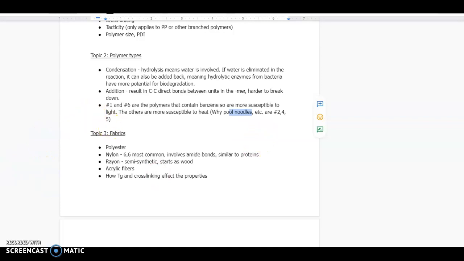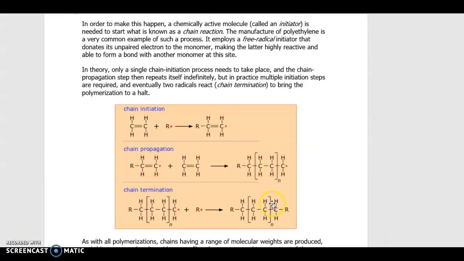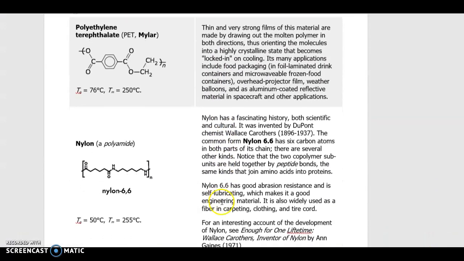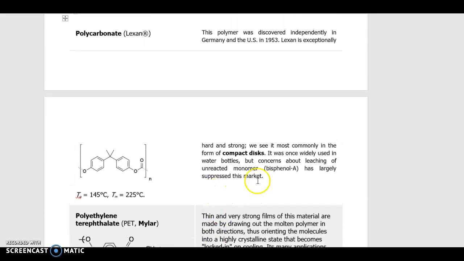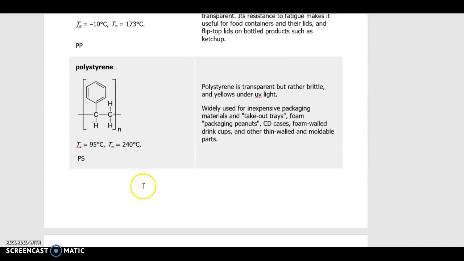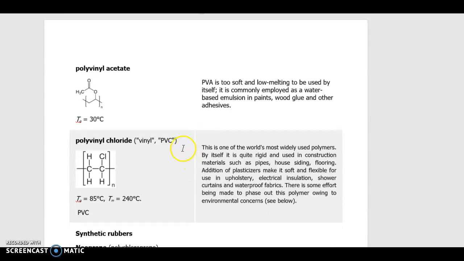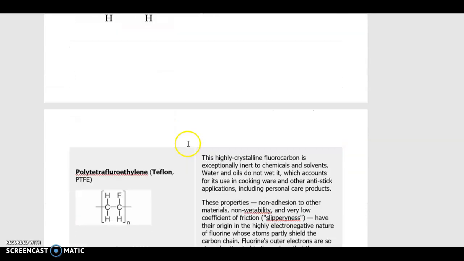But if we put anything with a benzene ring, the reason is benzene itself is more susceptible to light. So things like polycarbonate are susceptible to light, and polystyrene turns yellow under the light. It turns brittle because the light can attack this benzene ring. Same is true for PET.